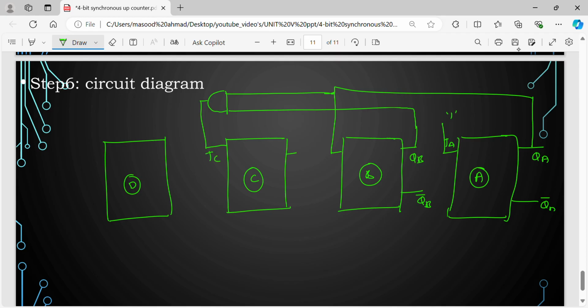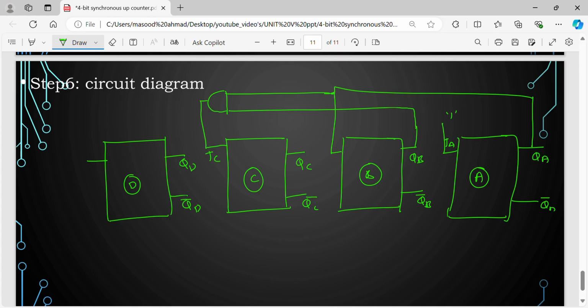Okay. So here it is QC, here it is QC bar, here it is QD bar, and here it is QD. And here it is TD.